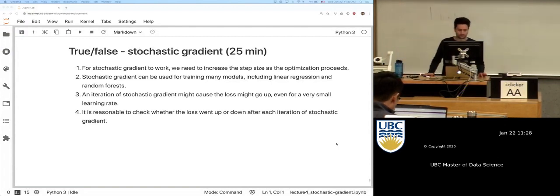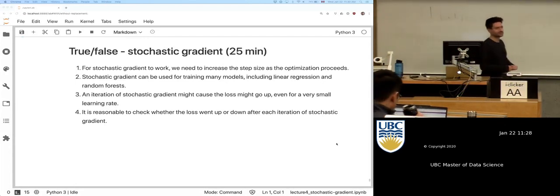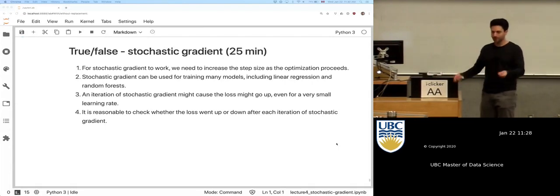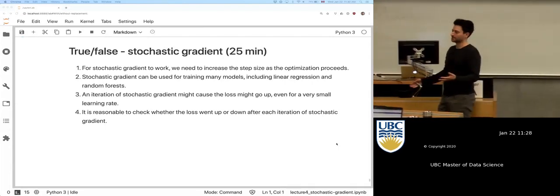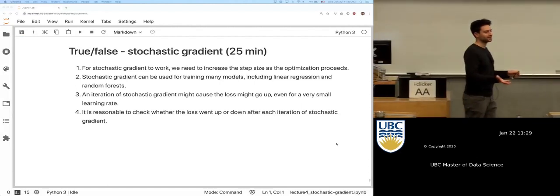Number 3. An iteration of stochastic gradient might cause the loss to go up even for a very small learning rate. Okay, my answer here is true. With regular gradient descent, there is a promise that if everything is nice and the assumptions are all there, and alpha is small enough, the loss is guaranteed to go down, because that's the definition of the gradient.